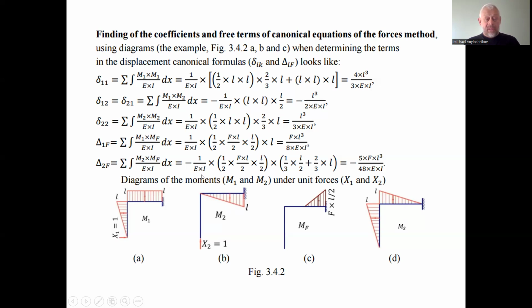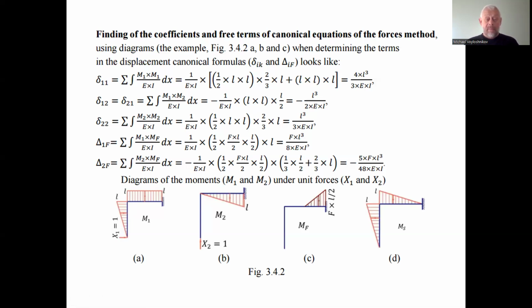For the second segment, we consider the area, for example, of the unit force here. Excuse me, we have the rectangle here, with an evenly distributed bending moment along it, L by L. We have the common factor of the rigidity and a minus sign, because these two diagrams have opposite signs, and plus times minus equals minus.